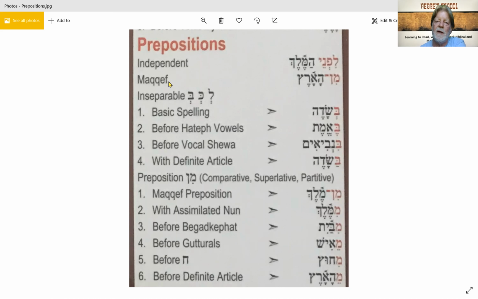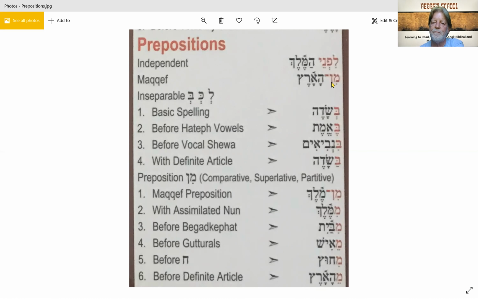Then we have the makef, which is a kind of hyphen or a bridge or a connecting symbol between the preposition, which in this case is min, and the noun haaretz, the earth or the land. The two are connected with this little makef, which is the Hebrew word for this bridge or connecting line.